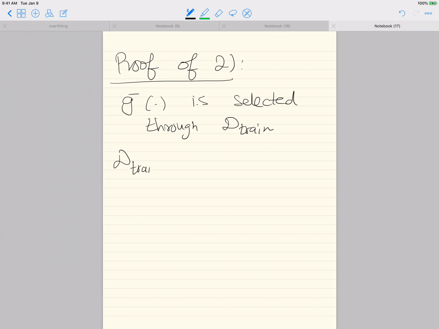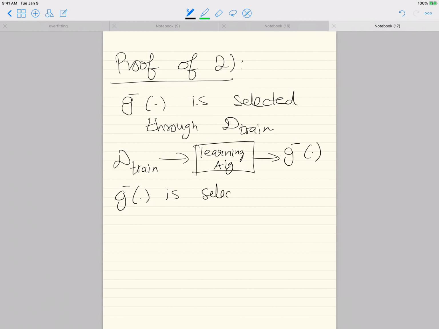We take this subset, we pass it through the learning algorithm, and we get g minus. This does not depend on D_val. So as far as D_val is concerned, g minus is some fixed hypothesis selected before looking at D_val.